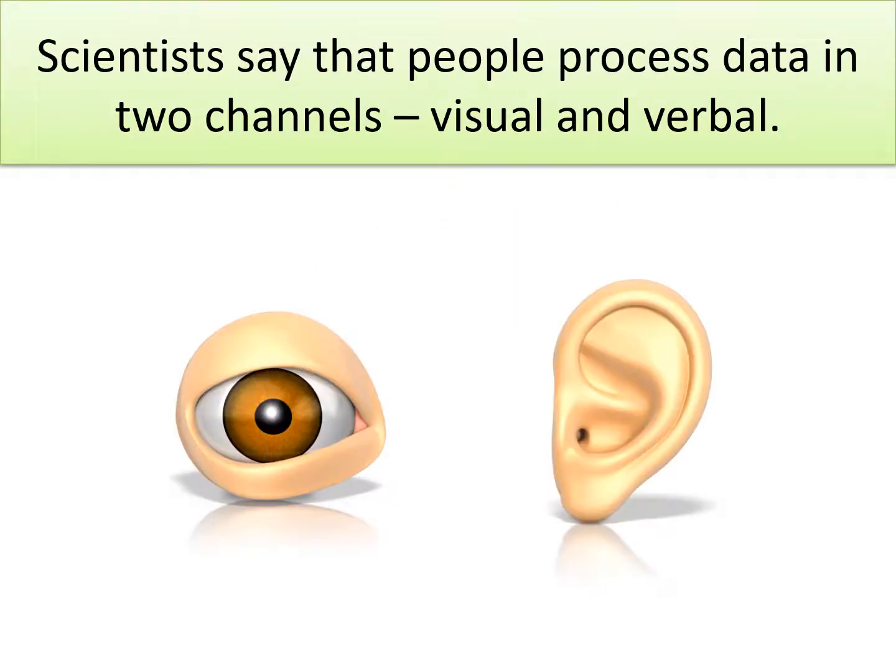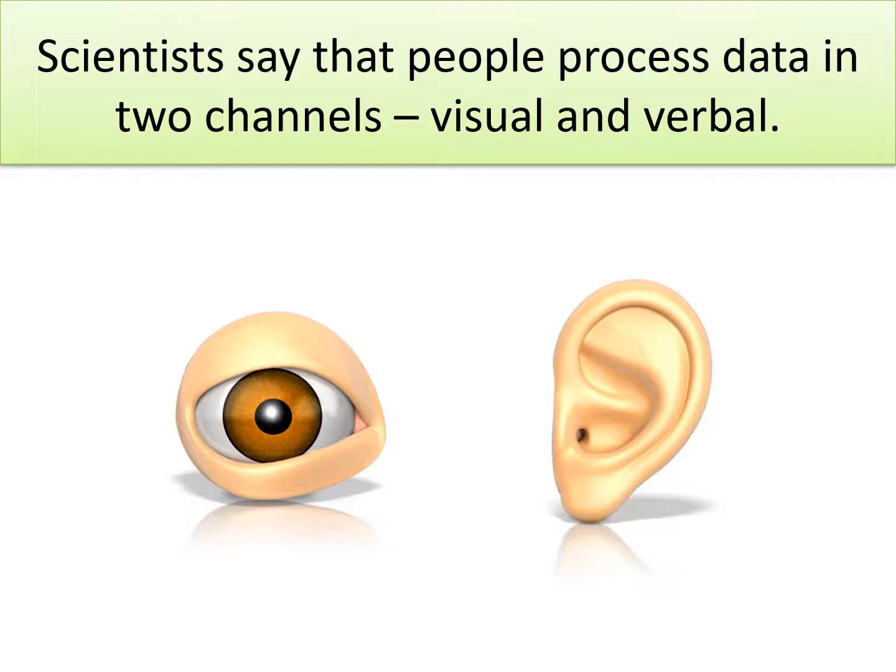First, we're going to look at how scientists say that people process data in 2 channels, visual and verbal. The concept is called dual channels. Basically, people process information in 2 modes, by visually seeing it and also by verbally hearing it. However, there is a processing limit. When too much information is presented at once, the learner will have to decide which pieces of incoming information to pay attention to.